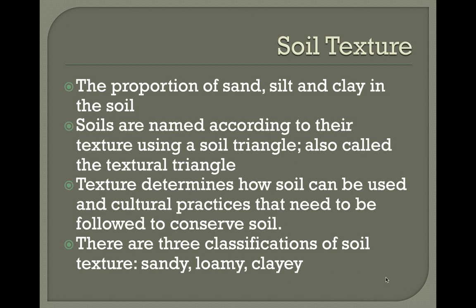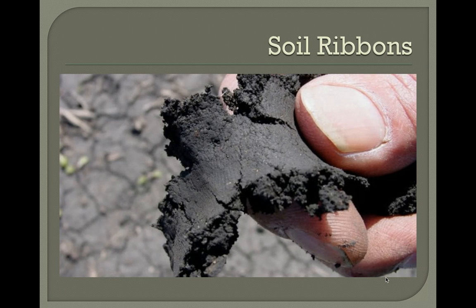So whenever we're looking at the texture, we're looking at soils that are sandy, which are going to contain mostly sand, soils that are clayey, which are going to contain mostly clay, and then you would think that the other one would be silt, but silt is actually the particle size itself, and the third texture is what we call loamy, which is kind of an in-between. A lot of times people get silt and loam confused. Loam is basically just a mixture of different sizes of soil particles.